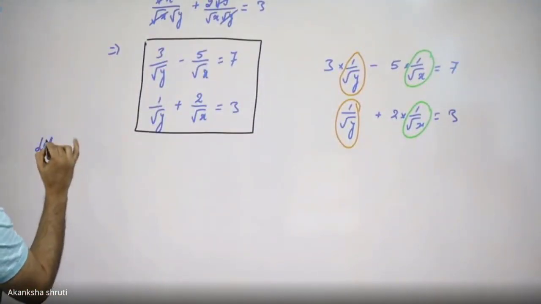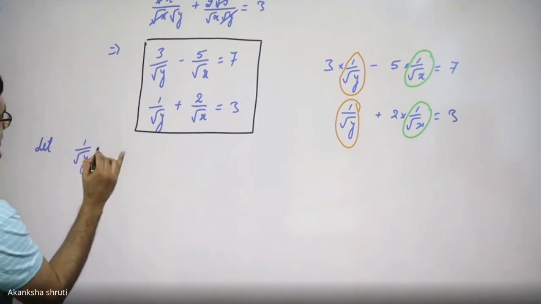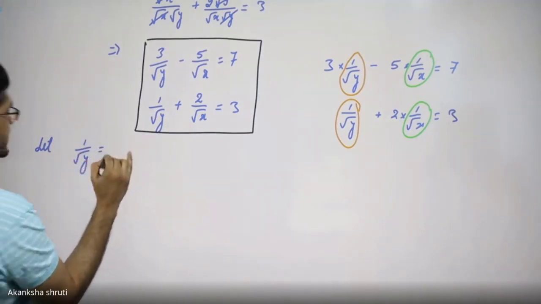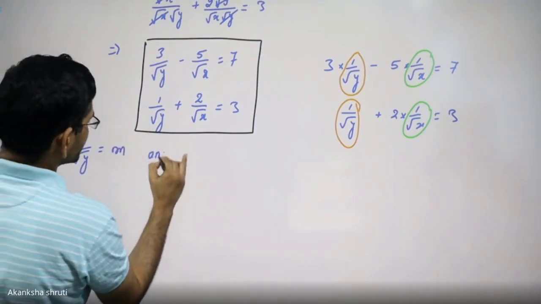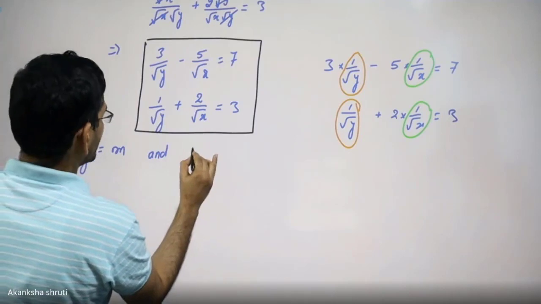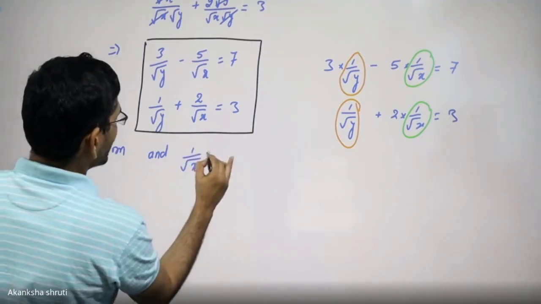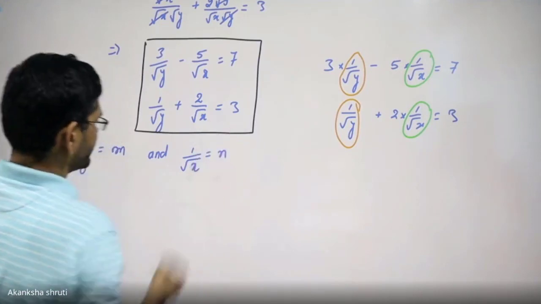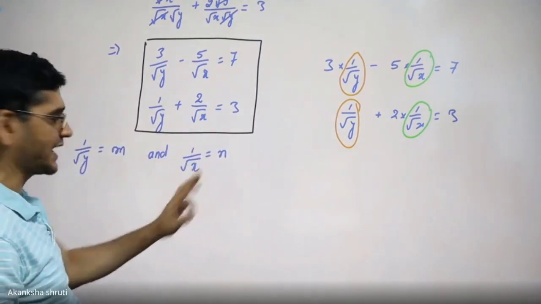Therefore, let 1 by under root of y be the variable m, or you may consider it as u, and 1 by under root of x as the new variable n. M and n are the new variables that we have introduced, and these we will calculate.